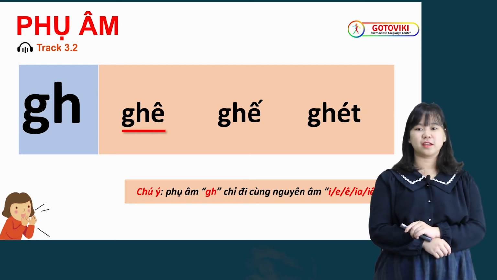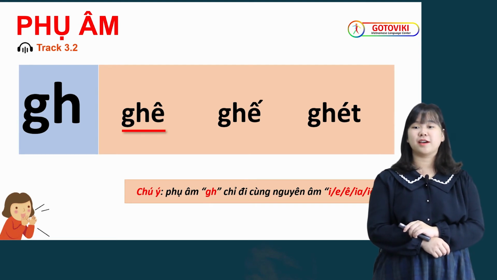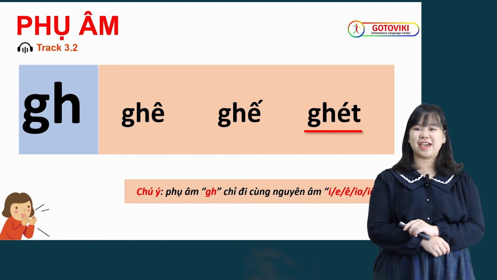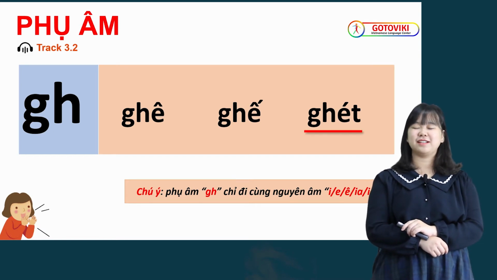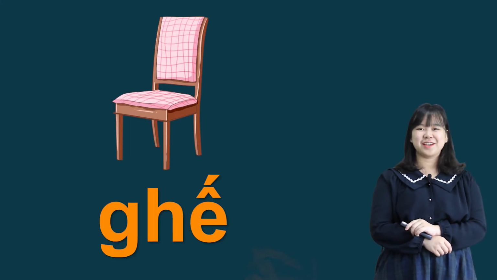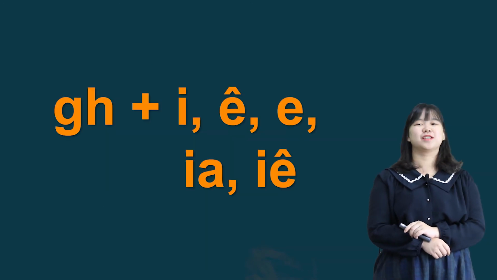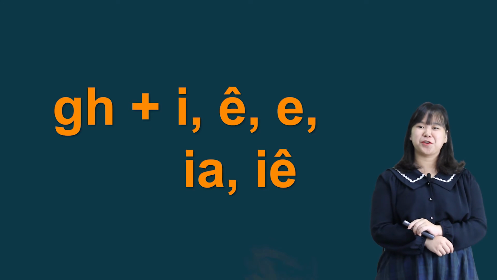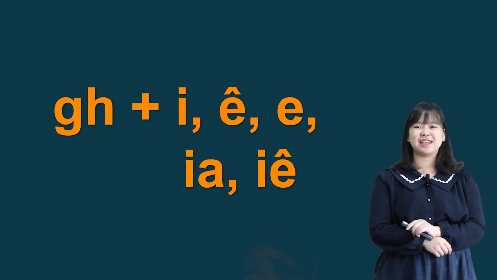Ghê, ghế, ghét. Ghế is the object you use to sit on, the chair. And the same as the letter K, G ghép can only go with three letters, i, e, and ê.